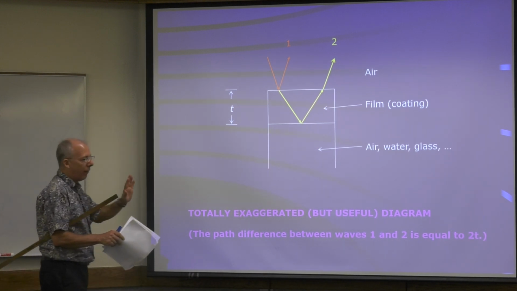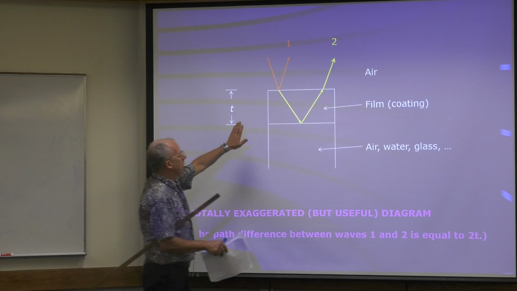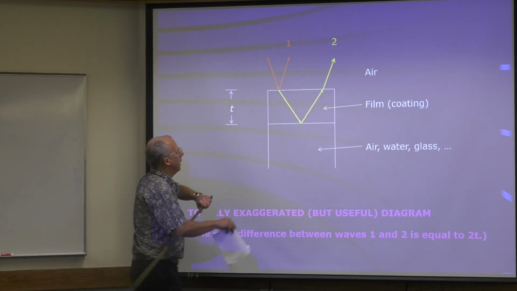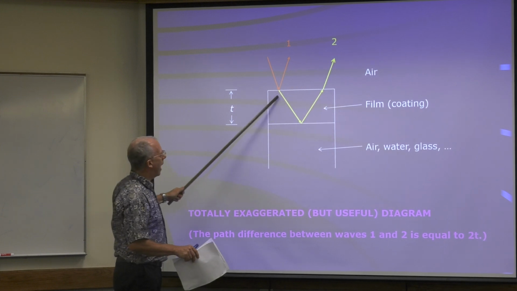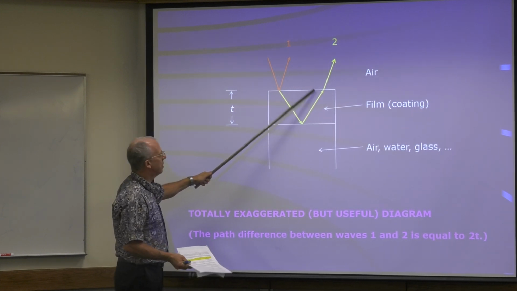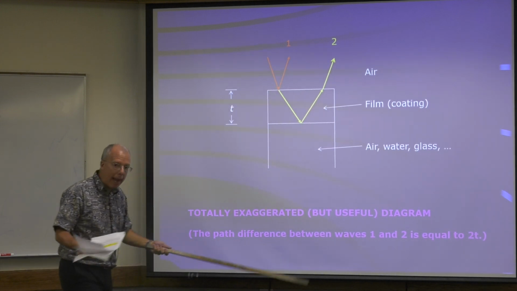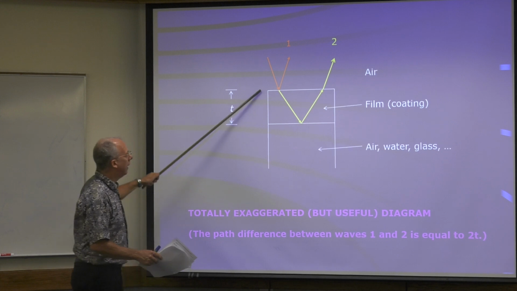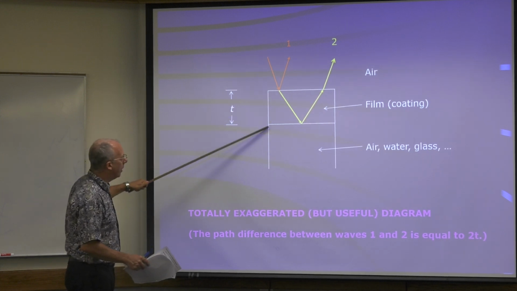Now also, just to show you how ridiculous this drawing is, this is a coating, right? Some kind of thin film. So obviously, number 2 travels down and back, so more distance than number 1, right? So there's a path difference, agree? So the path difference, we're going to say, is the thickness of the film, up and back.